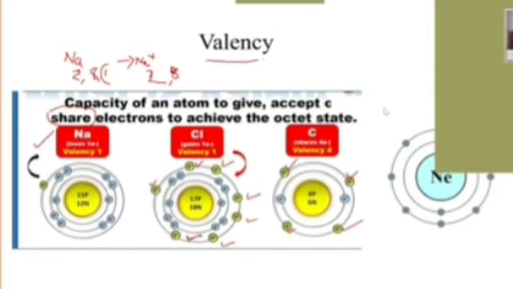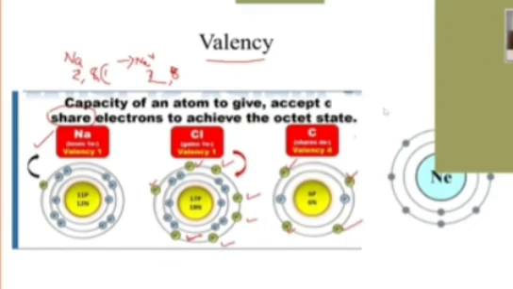So it is chemically stable. So the valency of neon is 0. All noble gases except helium have 8 electrons in their valence shell. So the valency of noble gases except helium is 0.